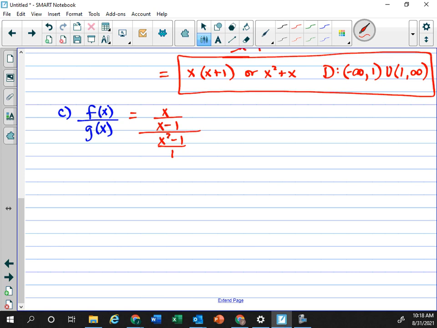There's some flipping and some multiplying, yes? Which one gets flipped, or does it matter? Yeah, what do you think? I think the equation on the bottom, you take the reciprocal of it, and then you multiply the two with each other. Exactly. So I really have x over x minus 1 times 1 over x squared minus 1. All right, dividing fractions, multiply by the reciprocal.